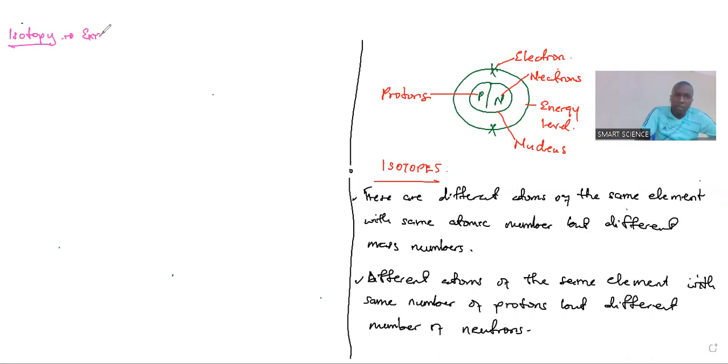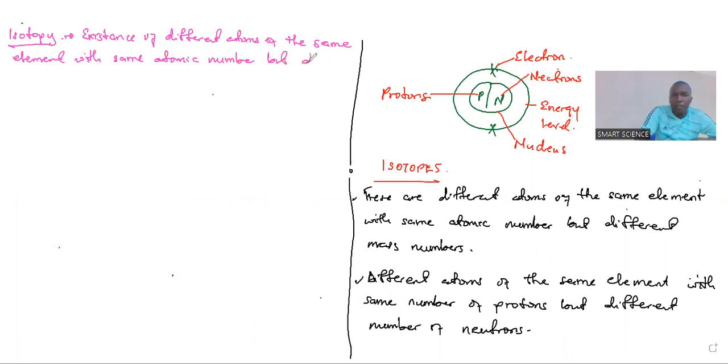This is the existence of different atoms of the same element with the same atomic number, but different mass numbers.